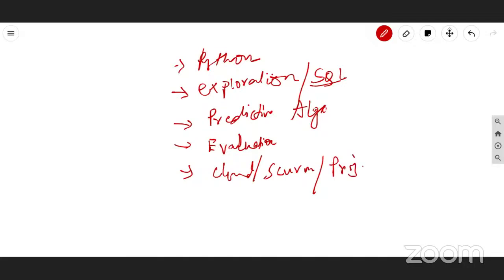Those are the other aspects. So this is our roadmap.